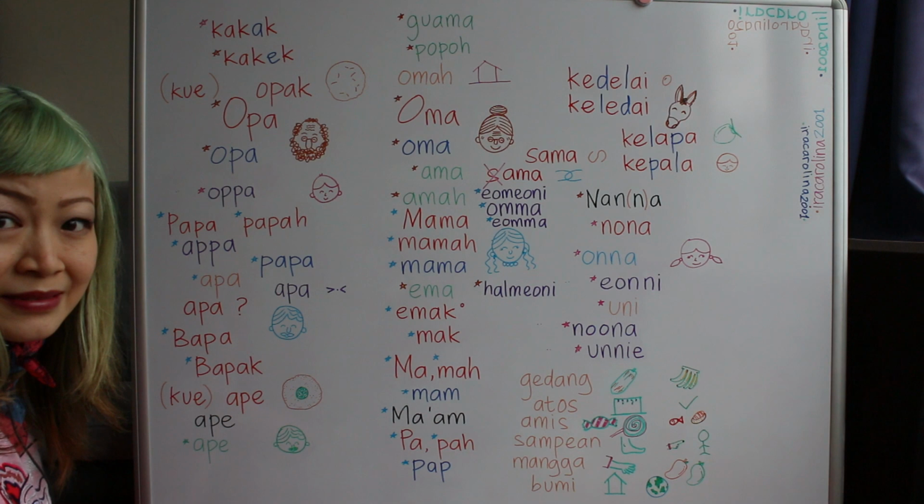In Korea, we have eoni, we have nuna, we have uni. This call is for older sister, or the girl or woman who is old enough to be your older sister.